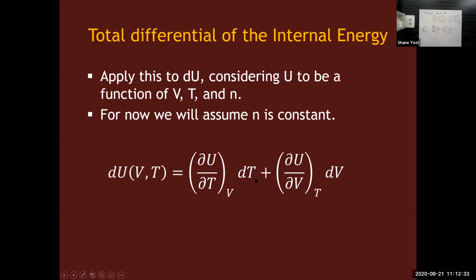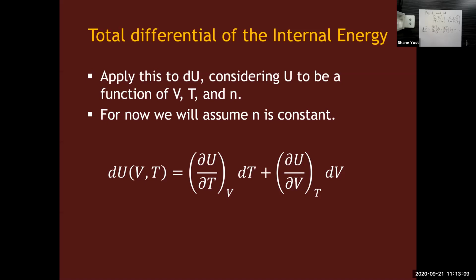All right, let's apply this concept to our internal energy. I can think of internal energy as a function of volume, temperature, and number of moles. We talked about how the internal energy changes with temperature, which is related to the heat capacity. That internal energy change equals the heat transfer at constant volume because the volume is held constant.